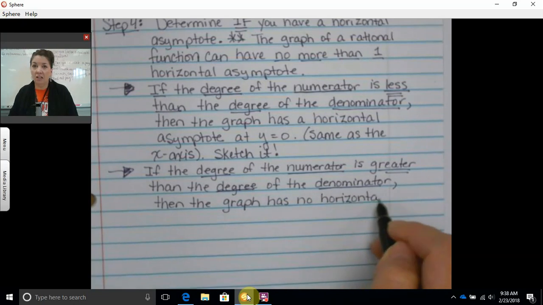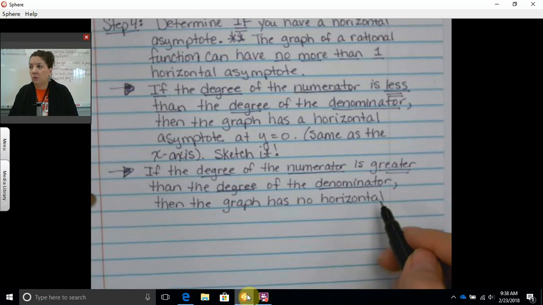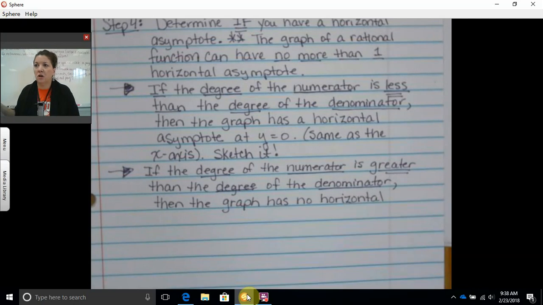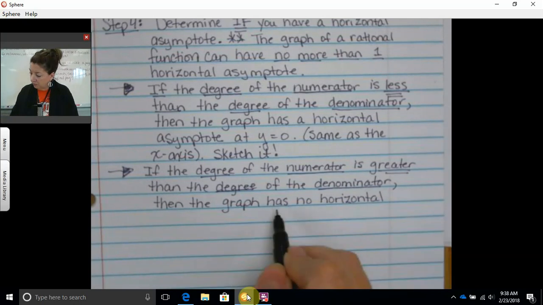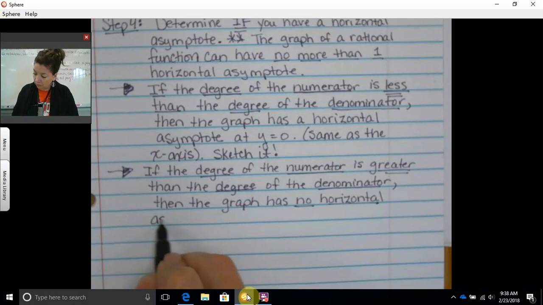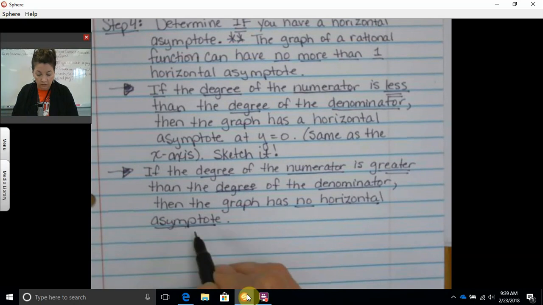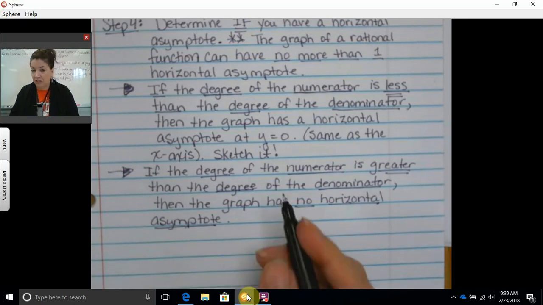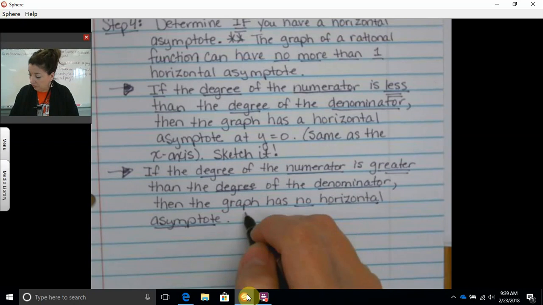And you're going to have that a lot. Usually, like all those problems that we divided, the degree in the numerator was always greater than the degree of the denominator. So whenever that's the case, you just don't have a horizontal asymptote. Nothing needs to be sketched in this case, obviously.